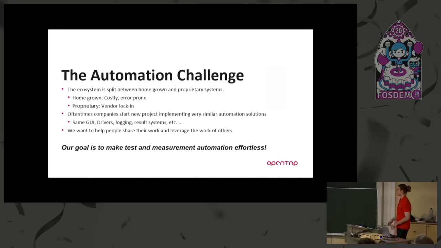And we believe that OpenTAP is a project where it really makes good sense to do open source. We have identified something we call the automation challenge, and it's something we noticed 9 years ago when we actually started this test sequencer project. The ecosystem of test sequencers is split between homegrown solutions and proprietary solutions. The homegrown solutions often are very costly or very error prone, right?